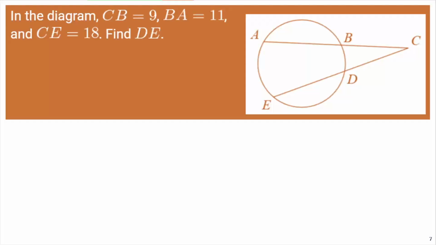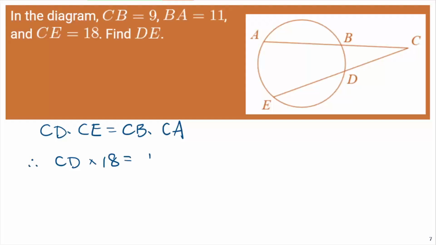So we have two intersecting secants. So we apply power of a point, which gives us CD times CE equals CB times CA, right? Therefore, we have CD times 18 equals 9 times 20.